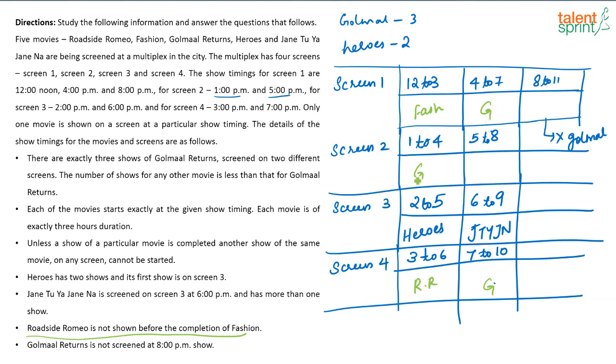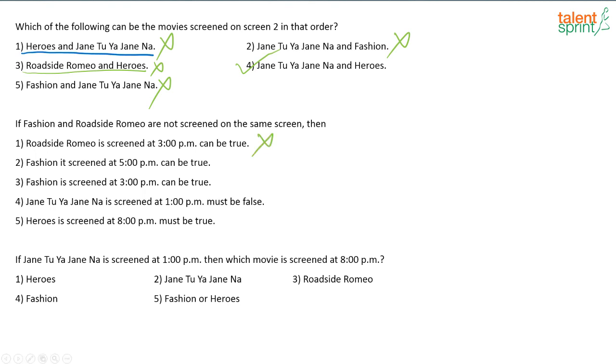No, again Golmaal, this is the only place where I can keep Golmaal. Can I keep Golmaal like this? I cannot, because it is very clearly given Golmaal is screened only in 2 different screens. The way I am doing it here, Golmaal has to be screened in 3 different screens so that there is no overlapping, which is not possible. So this option is wrong.